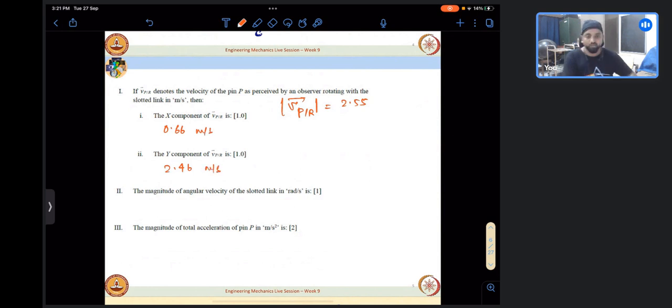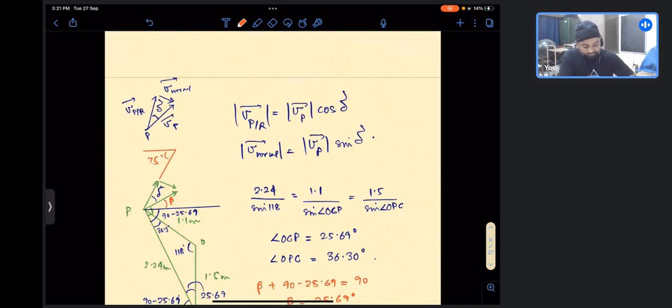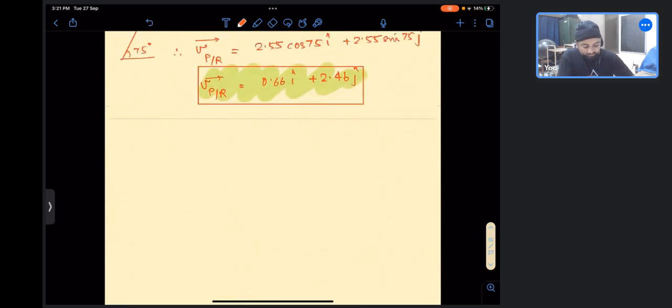Next, what is asked is the magnitude of angular velocity of the slotted link. Let me call this omega SL. Omega SL into r of p with respect to r is my normal velocity, from the geometry.